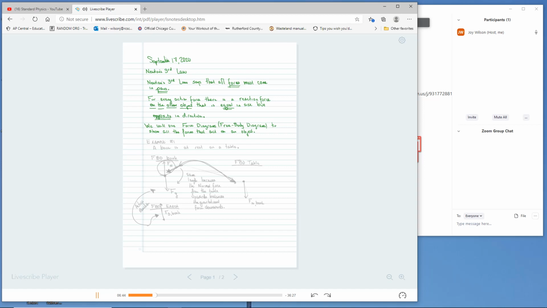Free body diagrams. I will abbreviate them as FBDs. But force diagram or free body diagram, both of those are equally good names for what we're about to do.